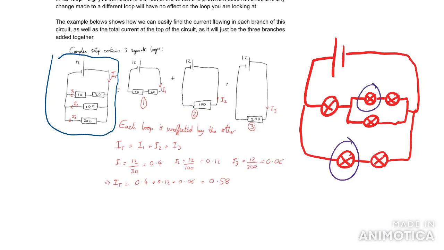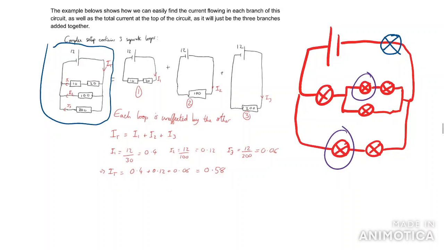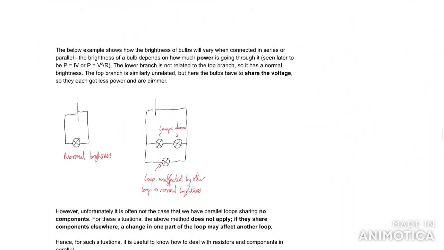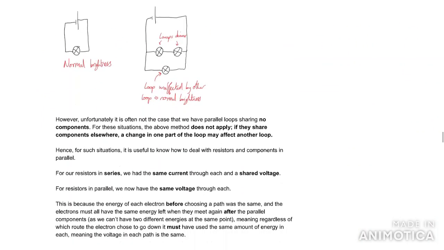Well, the answer is nothing because they're in completely separate loops. And so changes in one loop doesn't change anything in the other. But just be very aware and do remember that the moment I add a bulb up here that's in both of the loops, I can no longer make those claims, and changes in one loop will change the others. So just remember that. And that's what we're talking about there.